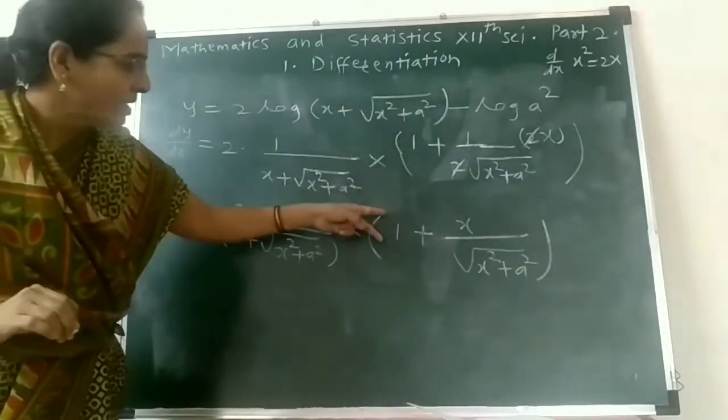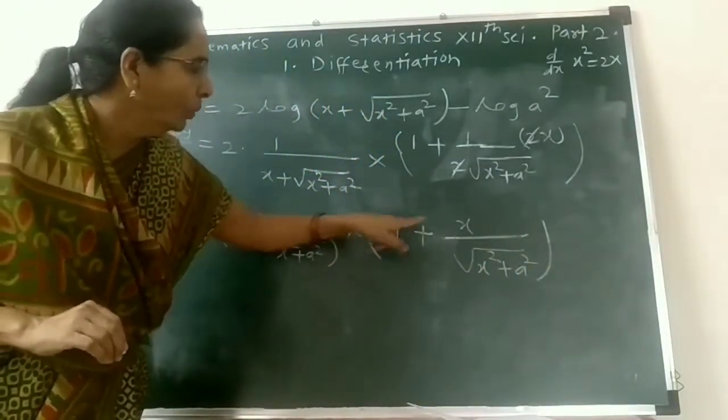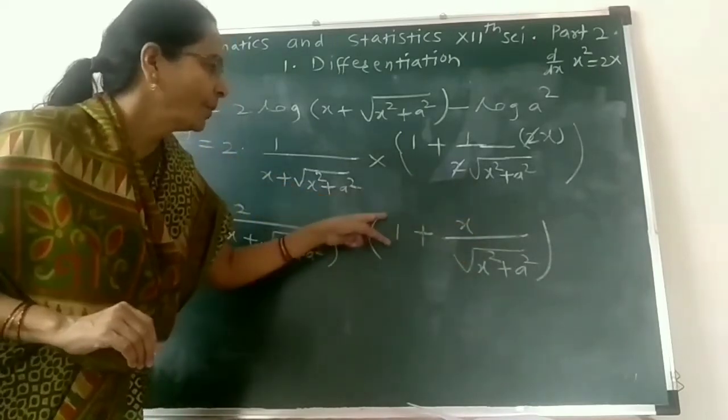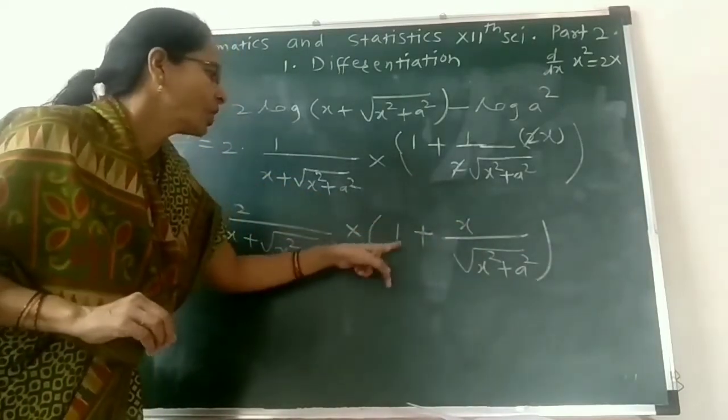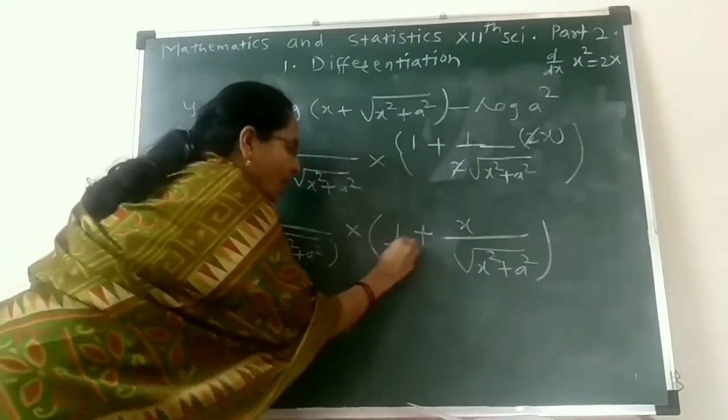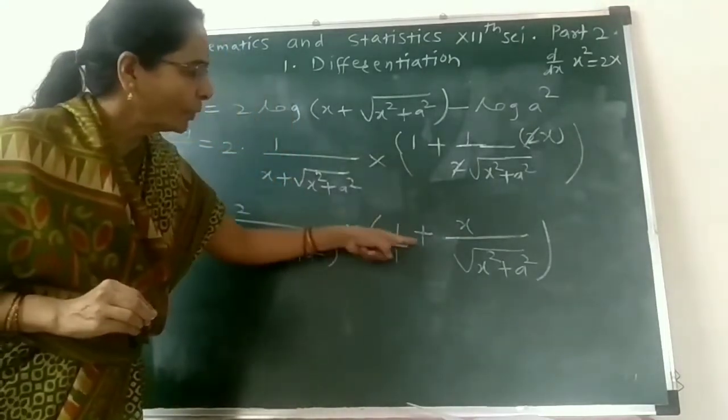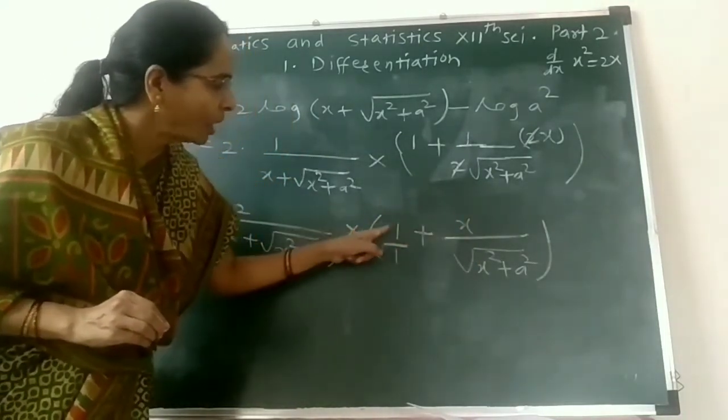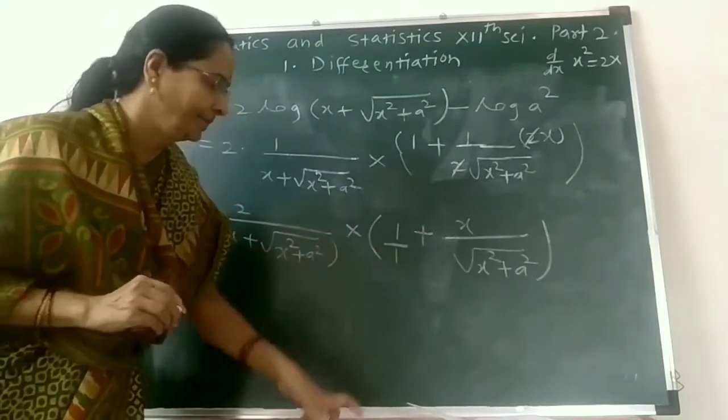Now here there is a sum of two fractions. For solving this, write 1 for the first term.